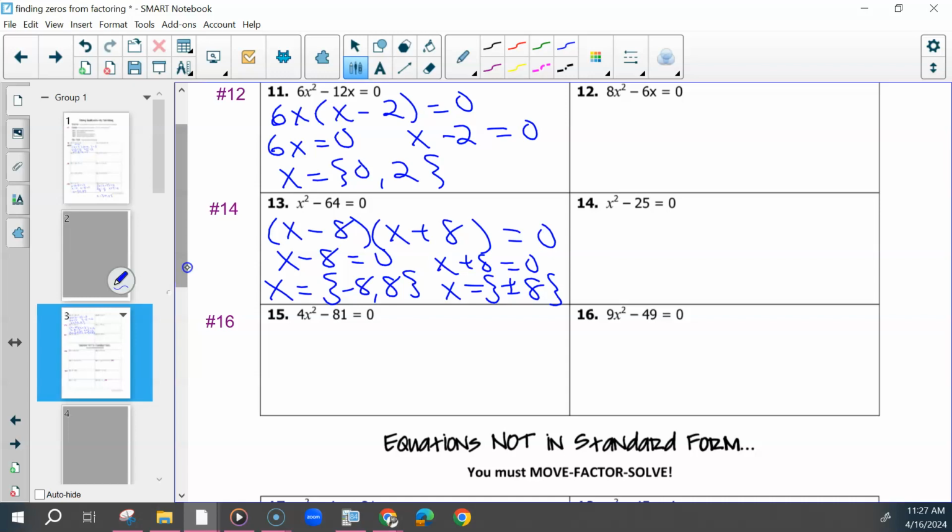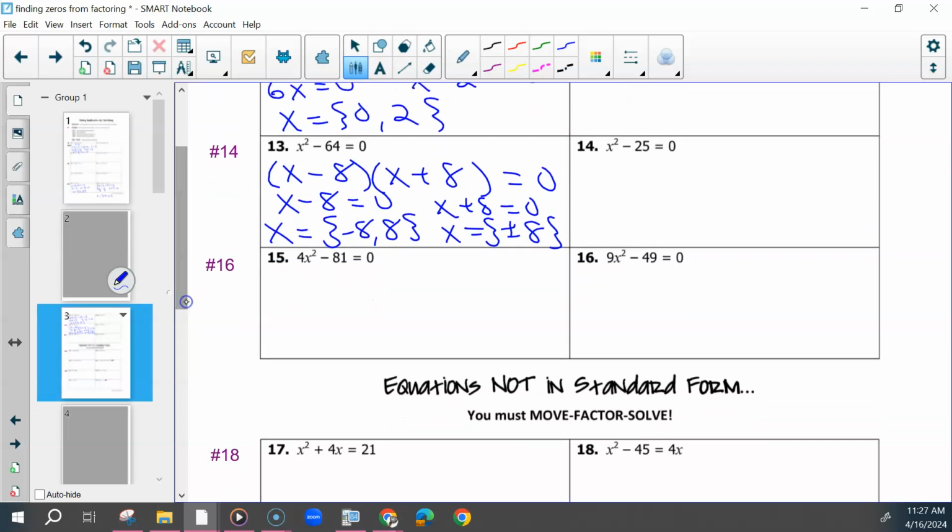16. How would we start to factor that? Or which method of factoring would we use? If it's a difference of squares, what would our two factors be? 3x plus 7 and 3x minus 7.